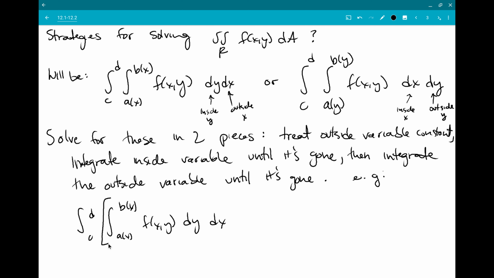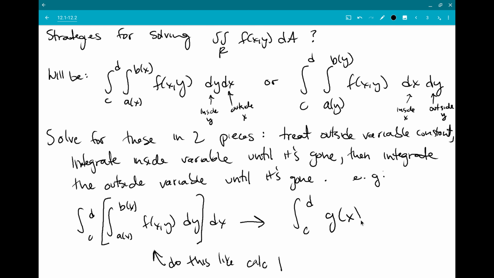What I'm saying is ignore that you have two integrals. Just take your first integral, ignoring the outside part, and you know how to do this. And then that's going to become something that's kind of a new function with respect to x only. And then you can do that like Calc 1 as well, where the new function with respect to x is just the first integral you had right here.